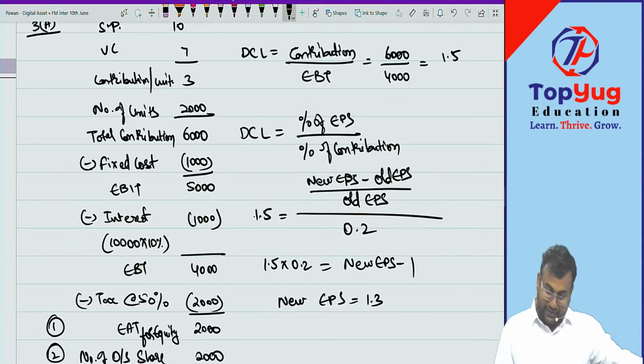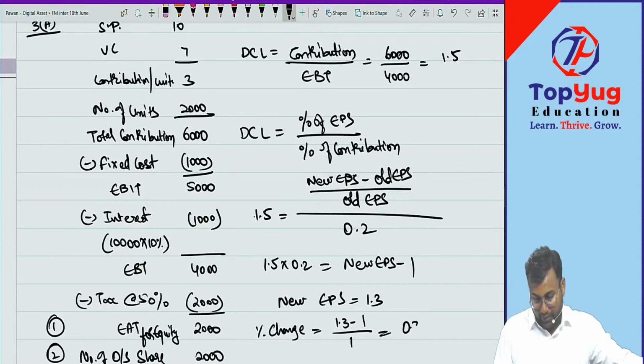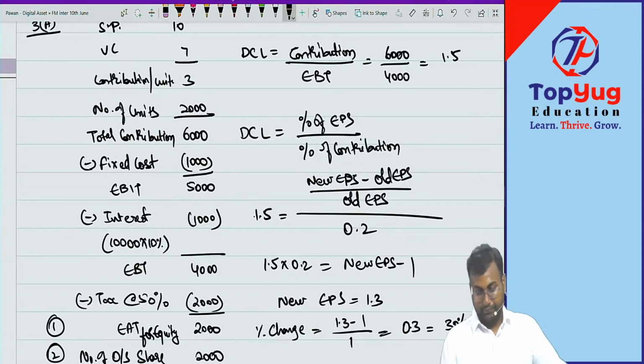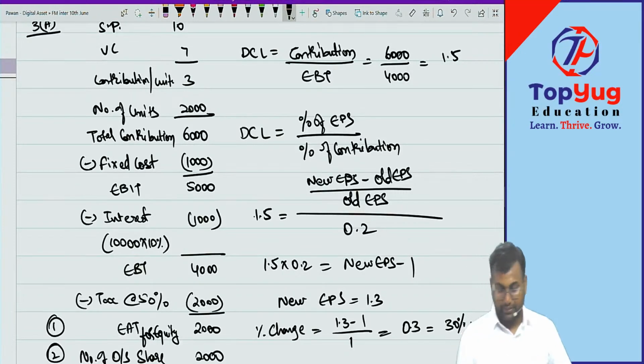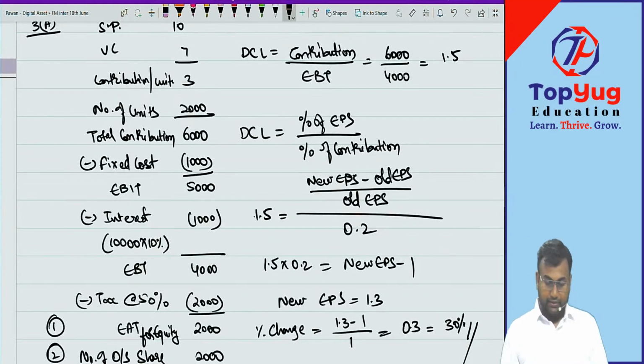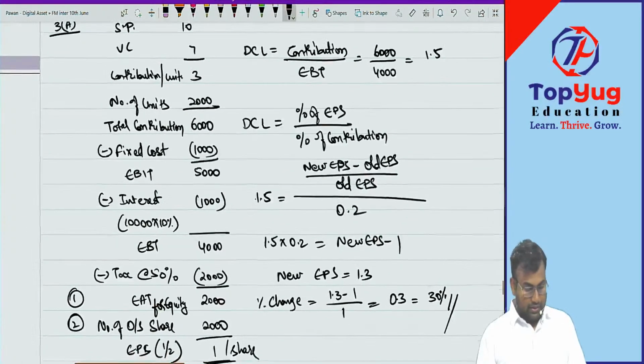How much is percentage change? That is 1.3 minus 1 divided by 1, that is equal to 0.3, that is equal to 30%. I believe answer got missed, but the answer is 30%. You can write down. Answer printing got missed for this problem. Yes, very simple.